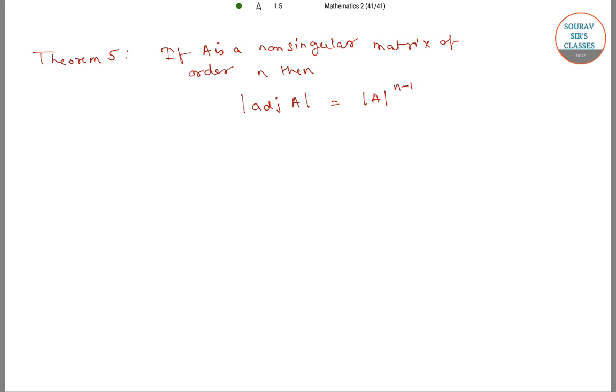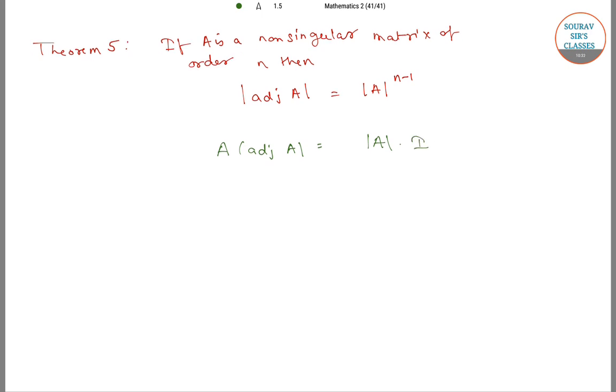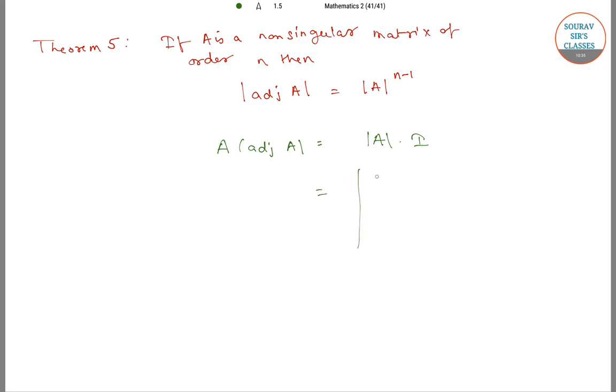Now from the previous theorem, we have A into adj A = |A| into I, which is the matrix with |A| on the diagonal and 0 elsewhere.